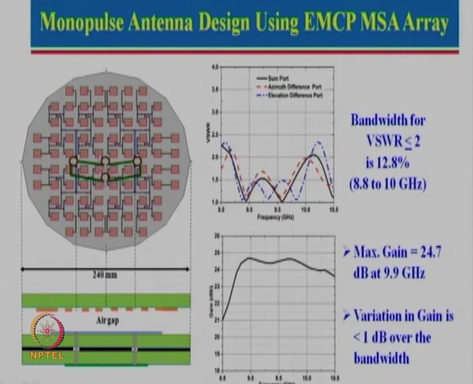Now this is also a concept of a monopulse comparator, where we actually feed one quadrant here, then second, third, fourth, and we take the signal from these 4 quadrants and we generate a sum pattern and a difference pattern. By creating this sum and difference pattern, we can actually identify the location of the target.